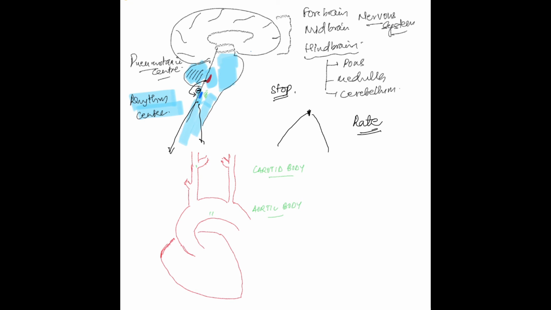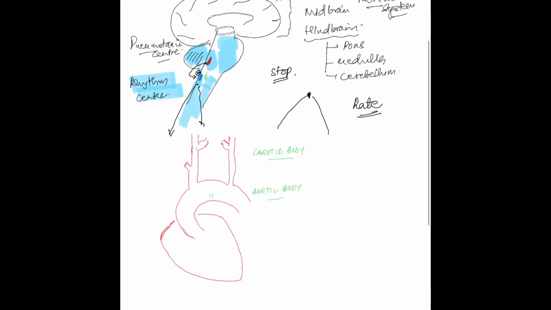Now a few words about chemoreceptors. Chemoreceptors or chemosensitive areas are specialized areas which can sense changes in the concentration of carbon dioxide and hydrogen ions in blood. The central chemoreceptor is present near the rhythm center as marked by the green color in the diagram, and as I said before, it is sensitive to changes in carbon dioxide and hydrogen ion concentration in the blood.